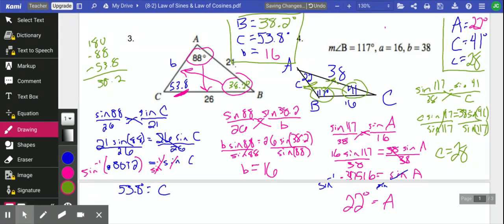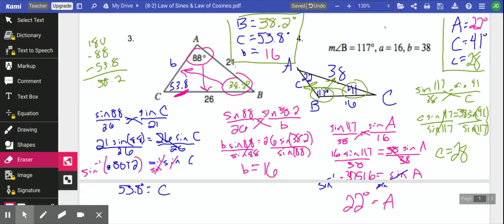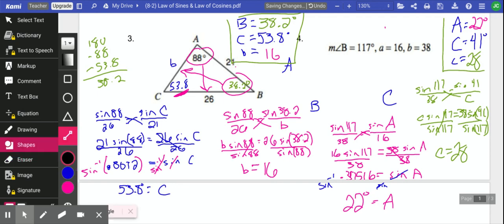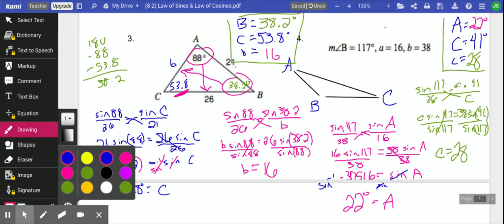Now, one thing I want to mention before we move on from this problem, remember originally when I accidentally labeled this whole thing wrong, I had this triangle that looked like this. All right, so I said, 117, and so this is when I labeled it incorrectly.